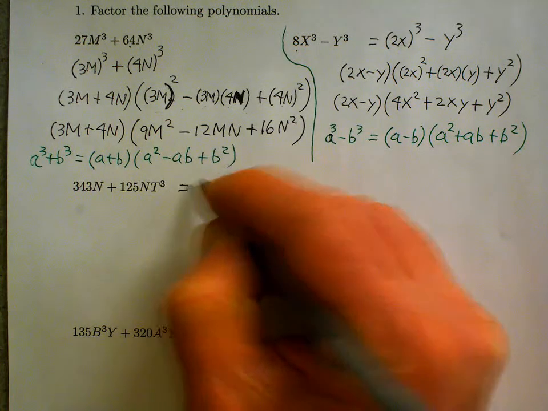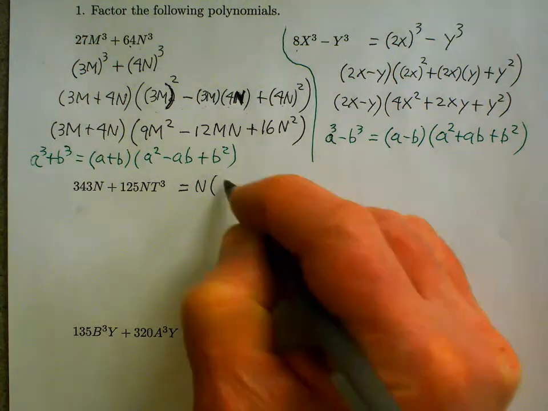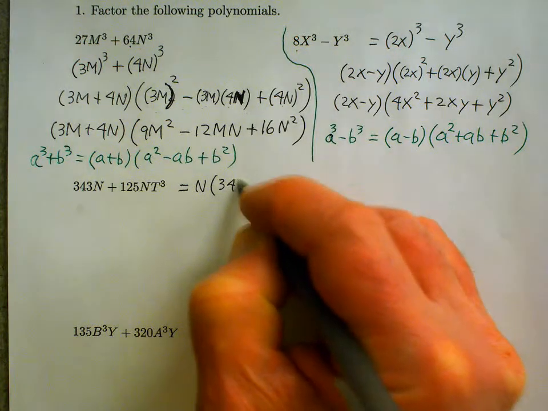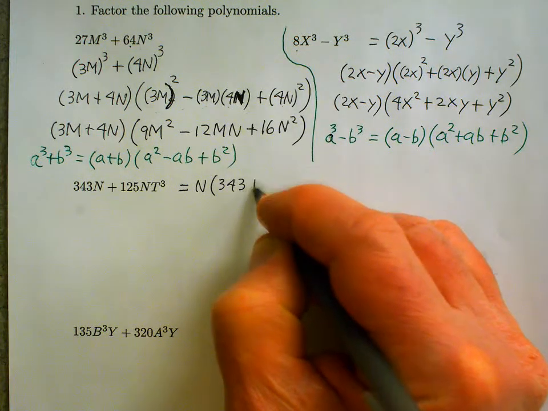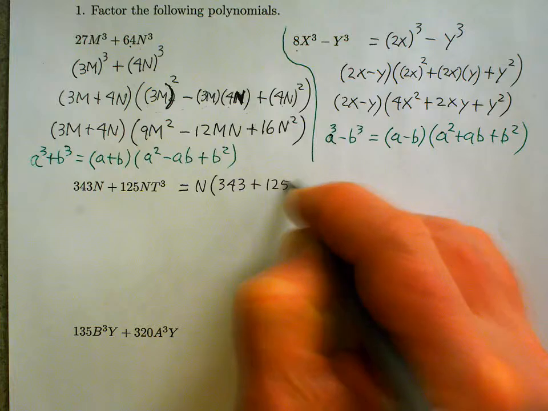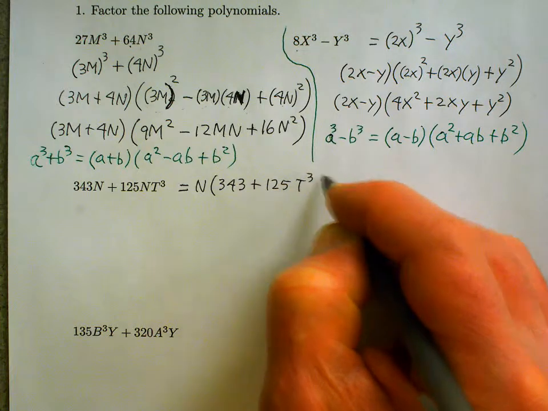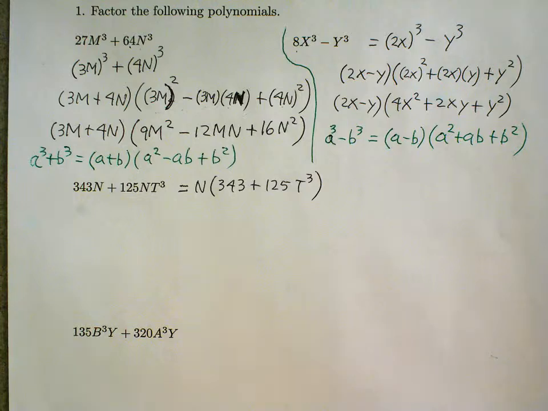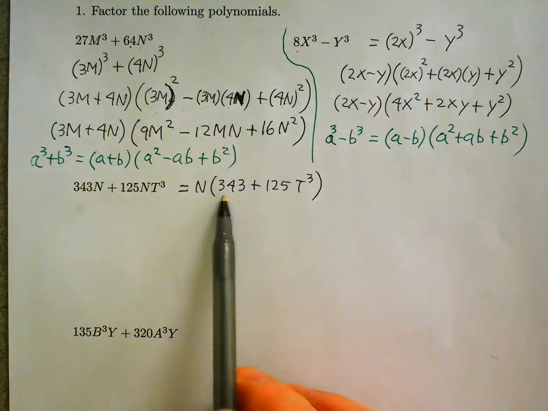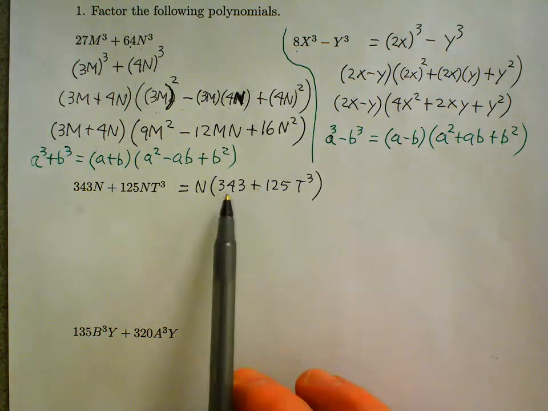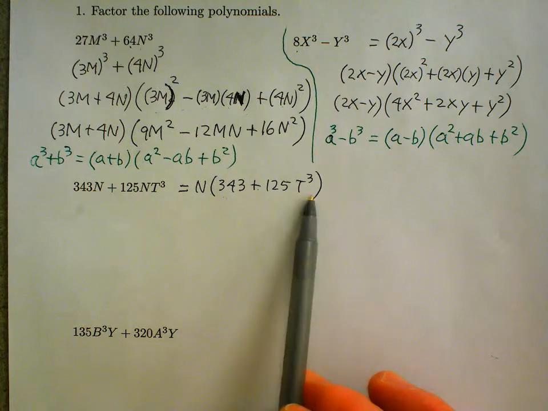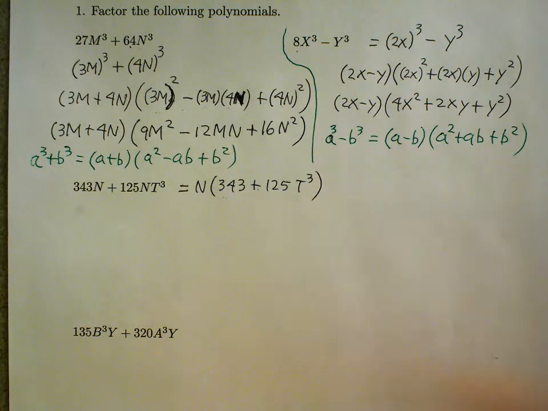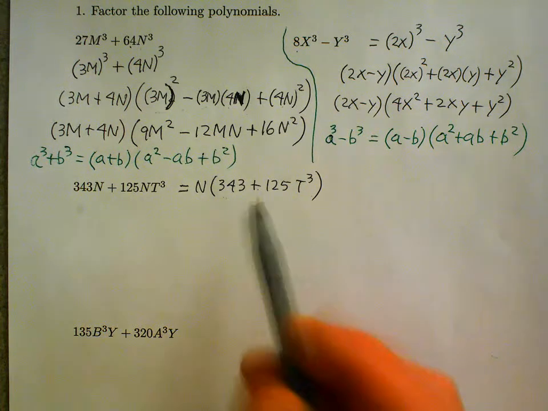So we have n times 343 plus 125t to the third. Inside the parentheses, we have a sum of cubes. So we're going to factor that.